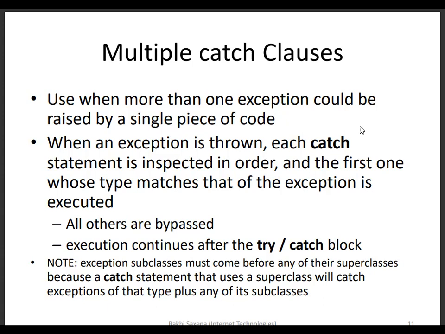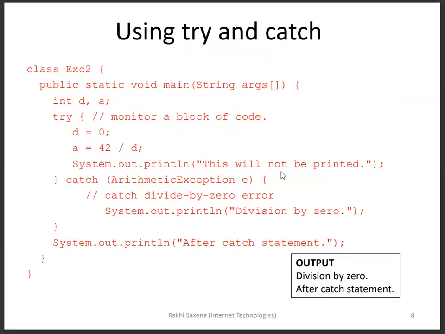If the exception happens, as we have already seen in the previous case, considering the output, it prints division by zero, and after that the remaining statement in the try is aborted because we got the exception here, but the rest of the statements are getting executed.